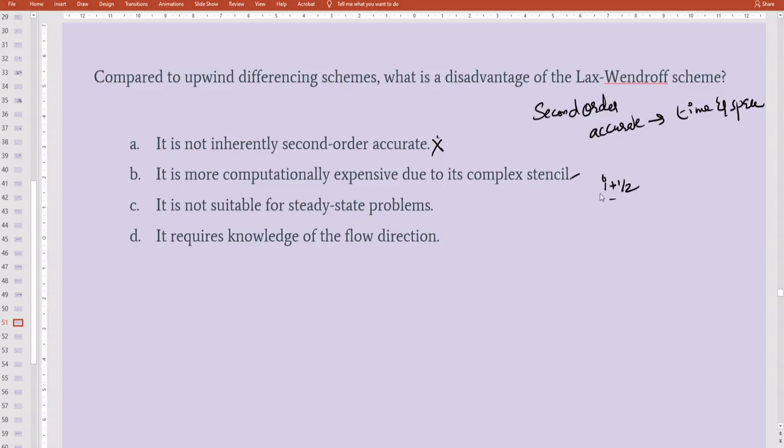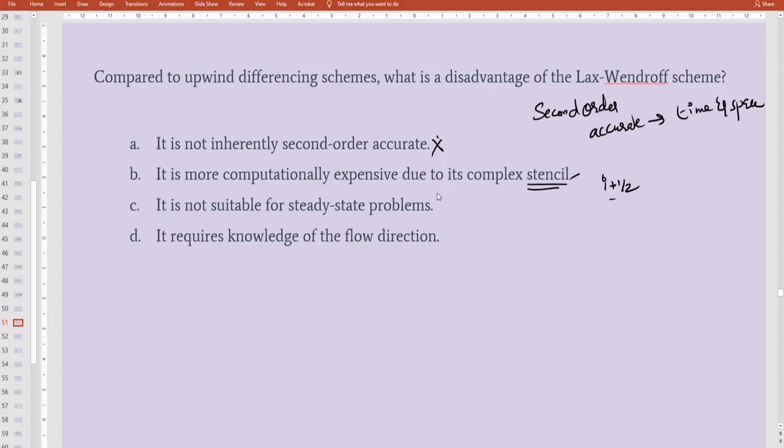One step involves a set of equations and it has a half time step. So the numerical stencil, the grid points chosen, are more complicated, which will make the computation more expensive.